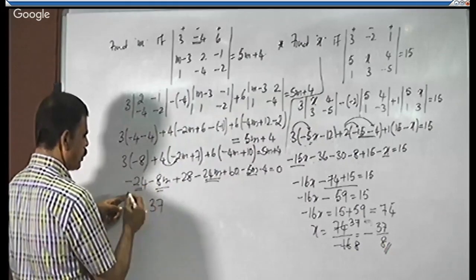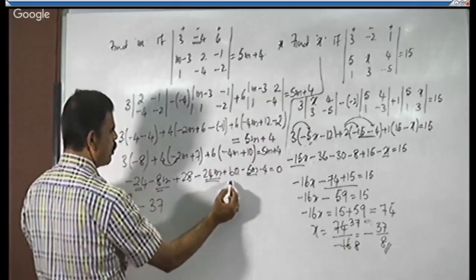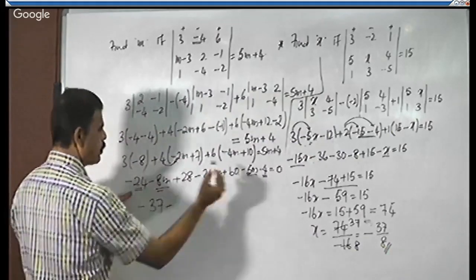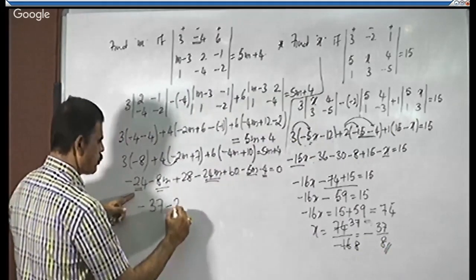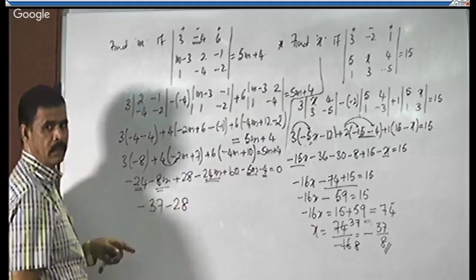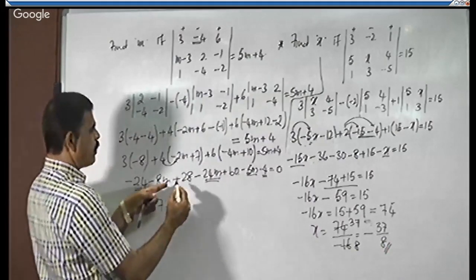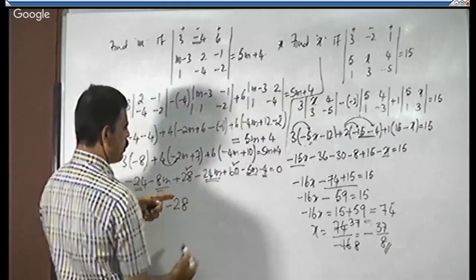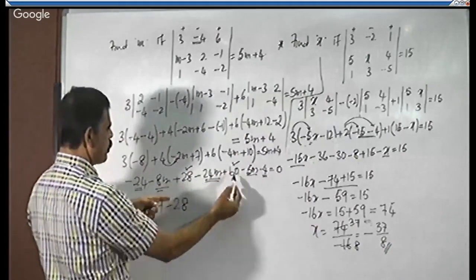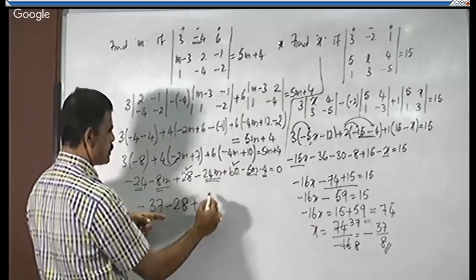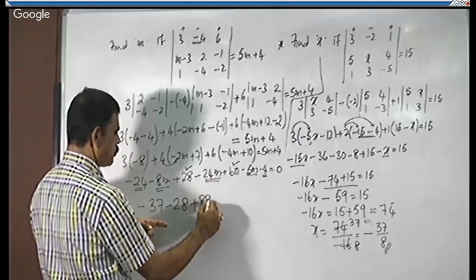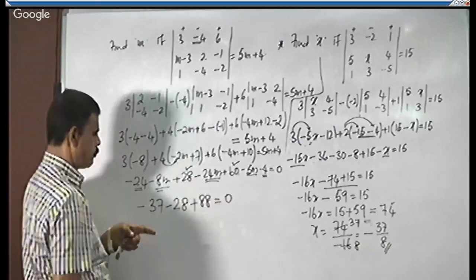This is minus 24 and minus 4. Add the negative numbers. Minus 24 minus 4 is what? Minus 28. Then take the sum of positive numbers. Plus 28 plus 60. Only two numbers are there. It is equal to what? Plus 60 plus 28, 88 is equal to 0.